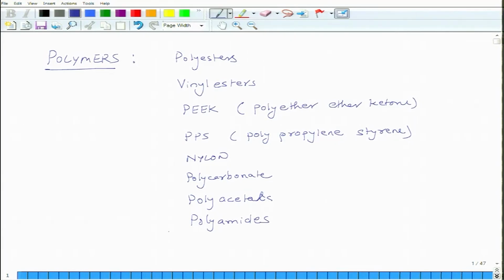polystyrene, we have epoxies, ureas, melamines, silicones.